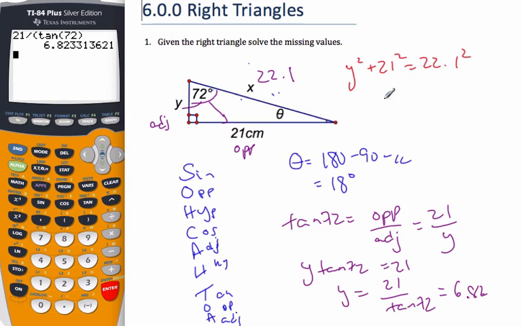And if I calculate y, I would end up with 6.82. I could have also used this angle here, 18, and done y over 22.1, which would be opposite over hypotenuse, which is sine. So there's lots of different ways to do it once you have some of your measurements.